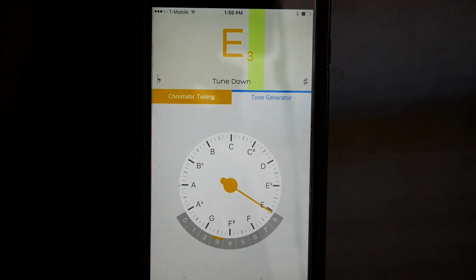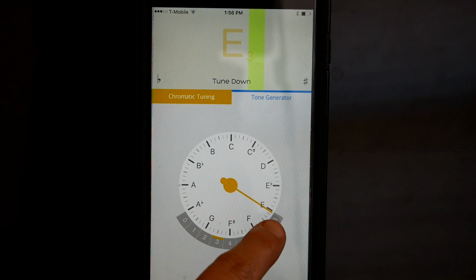he says you have this opportunity because you're going from G to E. And there are only two notes between this minor third here.